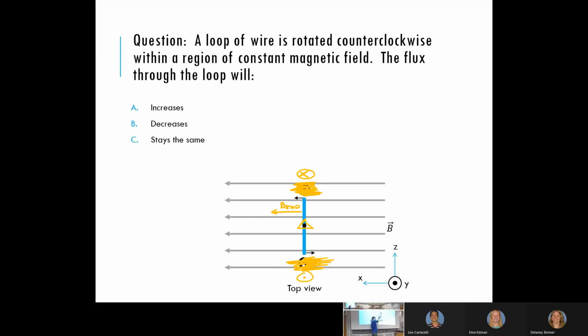It starts out flowing this way, but at some point, what happens? It starts flowing the opposite way. Right when the loop hits here, the current stops and starts flowing the opposite way.